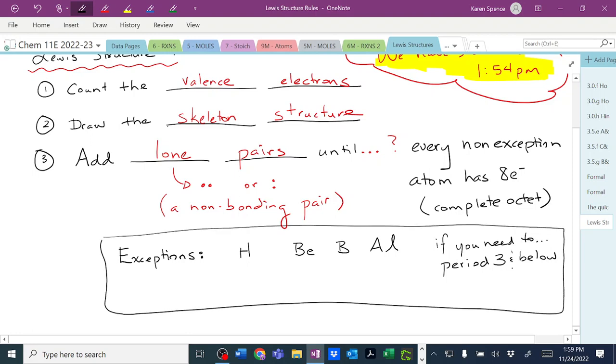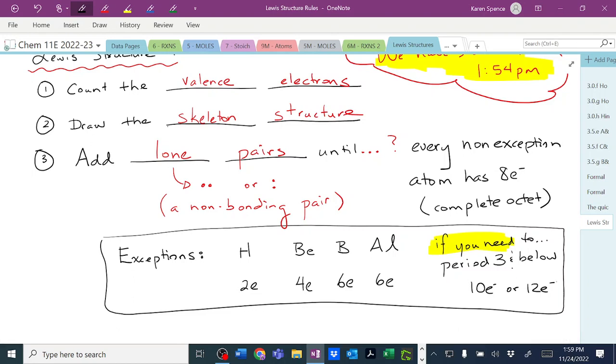What are the exception numbers? Hydrogen needs 2, beryllium needs 4, boron needs 6, and aluminum needs, wouldn't it be nice if it were 8, but it is 6. And if you need to, but only if you need to, period 3 and below can have 10 or 12. So count the valence electrons, draw the skeleton structure, add lone pairs until every non-exception atom has 8 electrons.